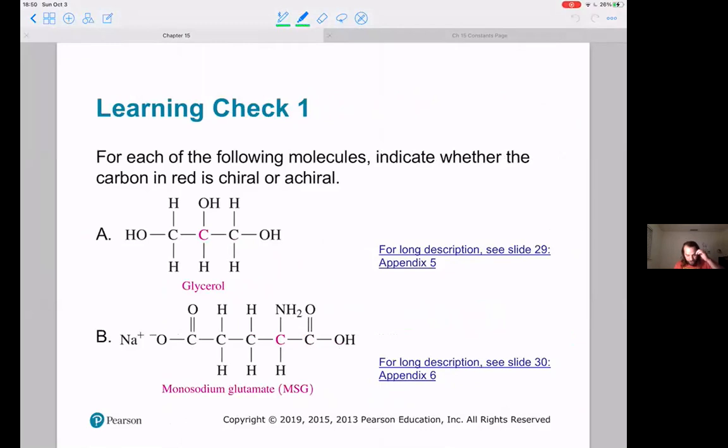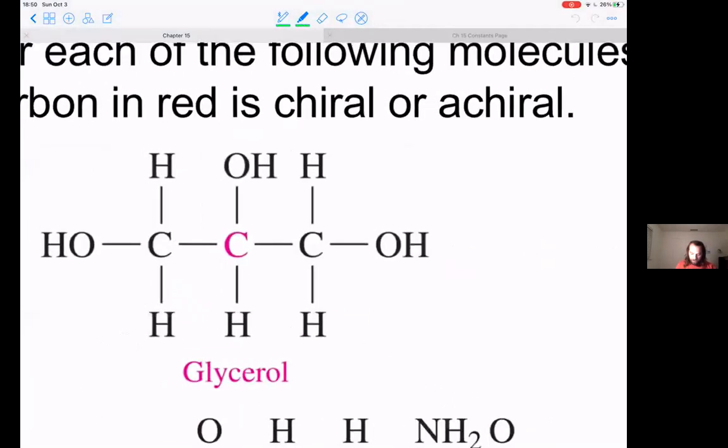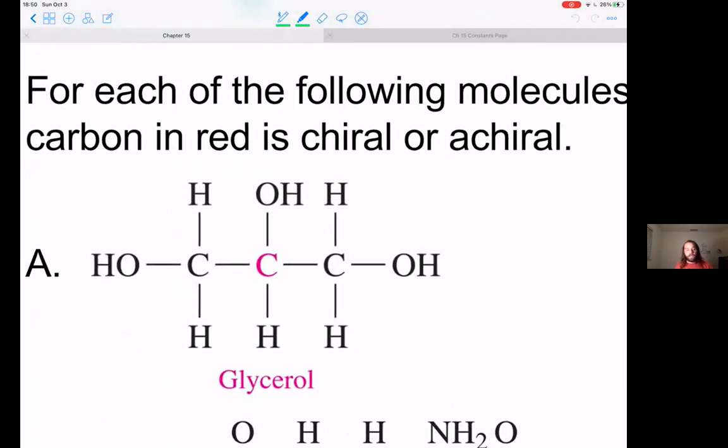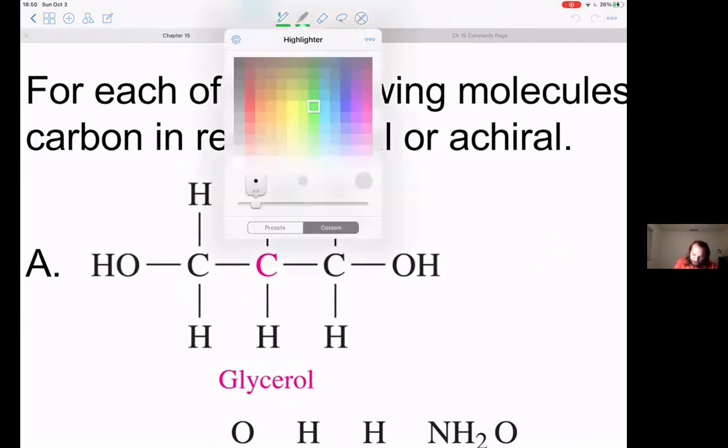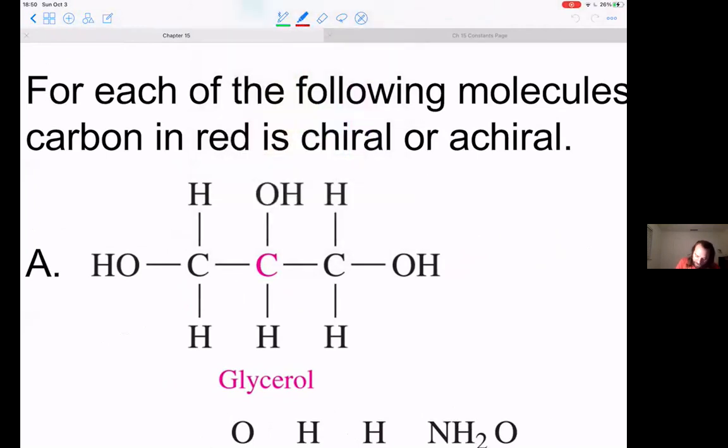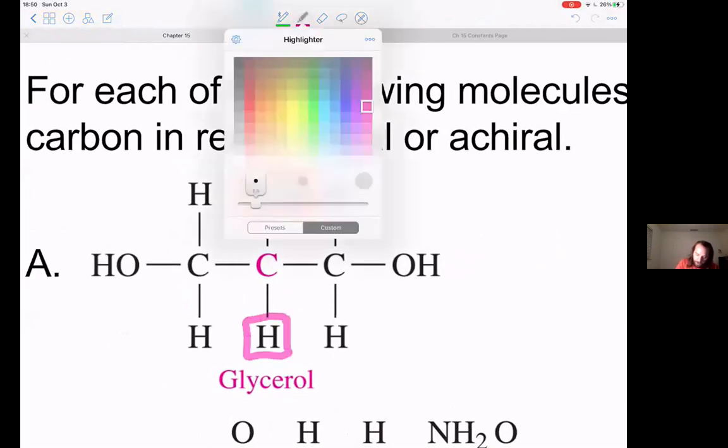All right, so now it wants us to indicate whether or not the red carbon is chiral or achiral. Okay, so is it bound to 4 different groups? So let's look first. This is glycerol. We're going to talk about this a lot when we talk about fatty acids or lipids in general. So looking at that central carbon, this is a unique group. This is a unique group.